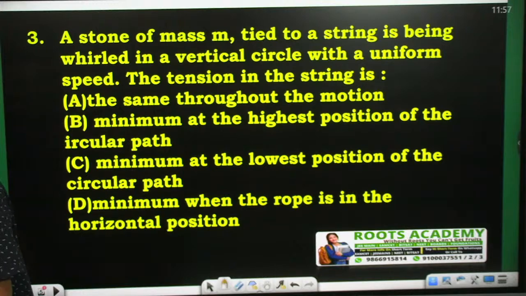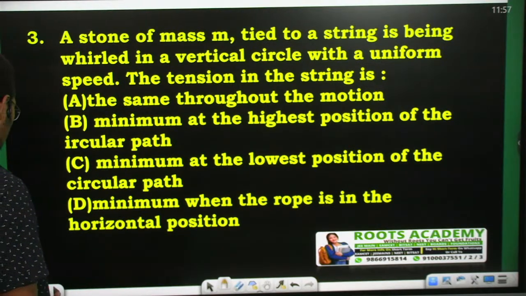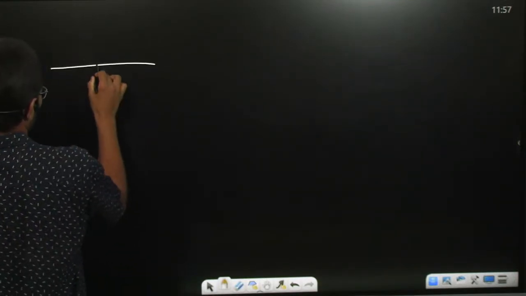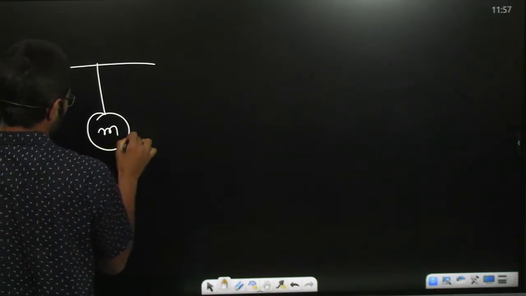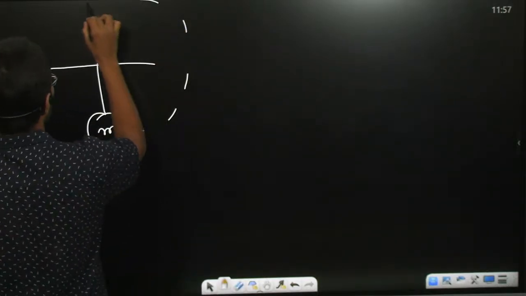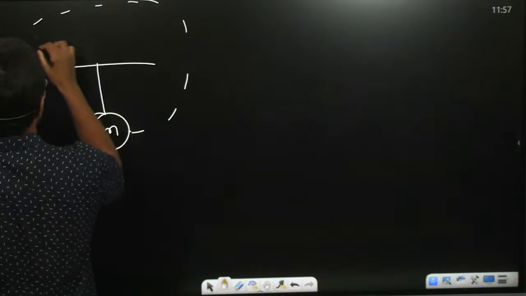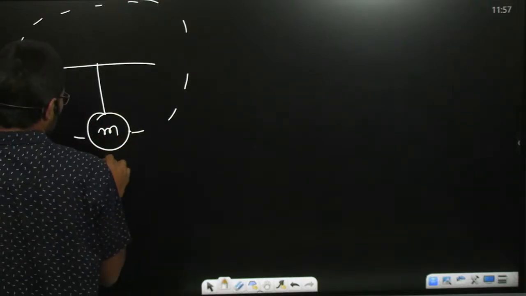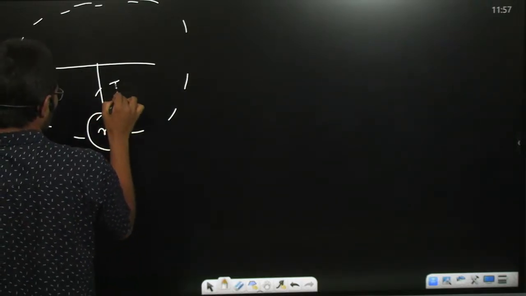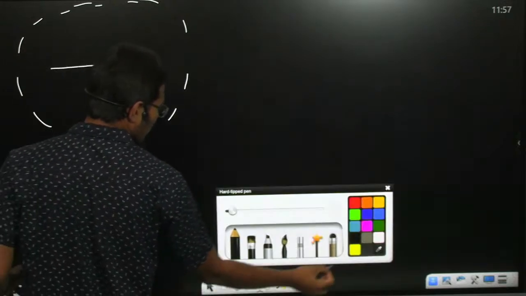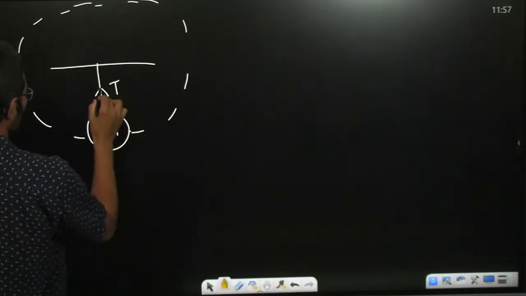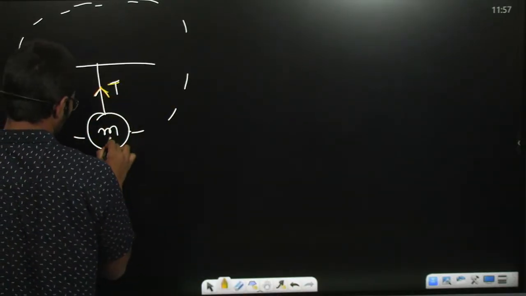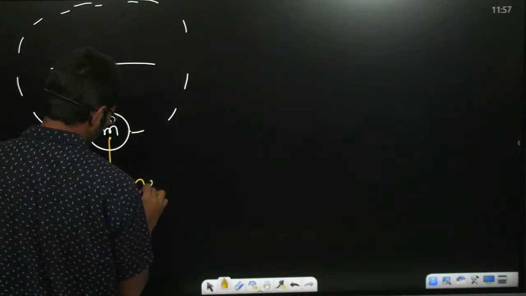The tension in the string is... If you look at the free body diagram, it will be T, and mg.